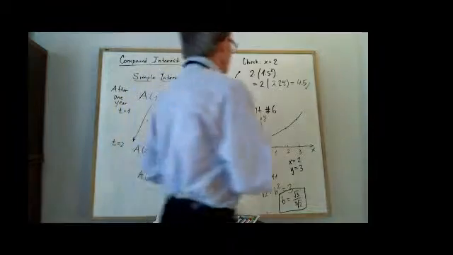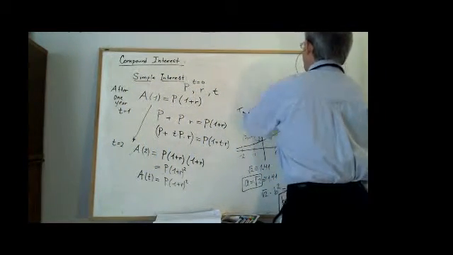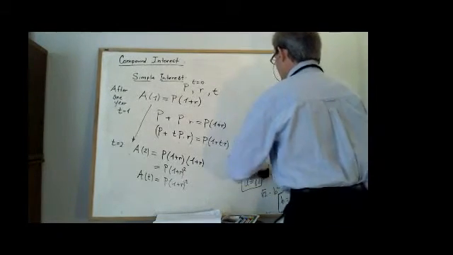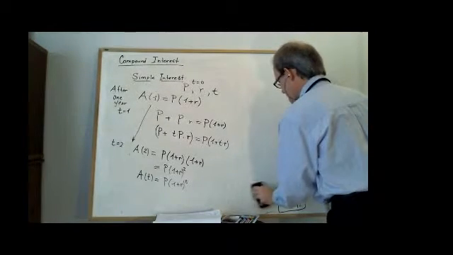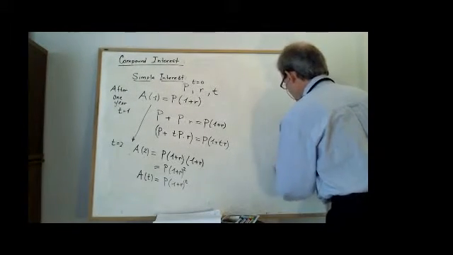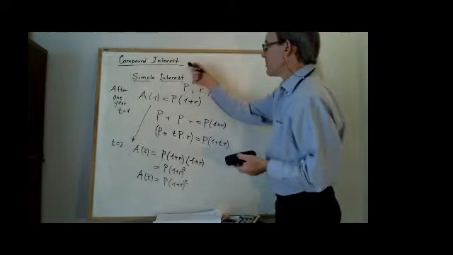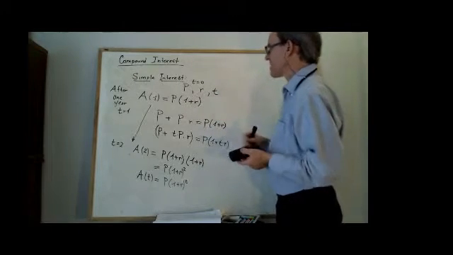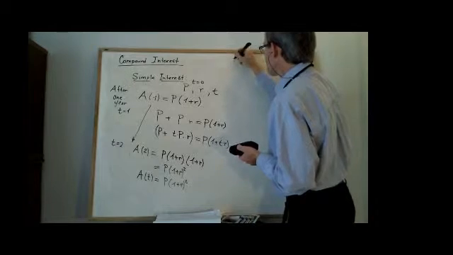Okay. Now, the second thing is, can we do any better? Yes, we can. Can we do better than compound interest? The answer is yes, we can, by shortening the time interval after which you compound the interest. So R will always be an annual growth rate.